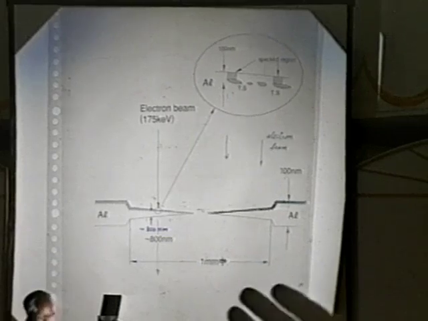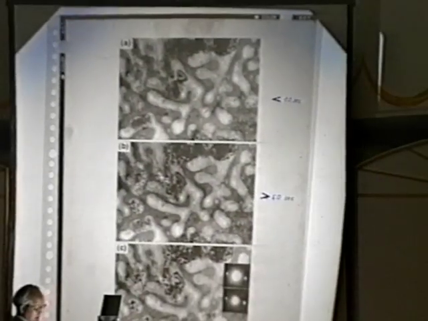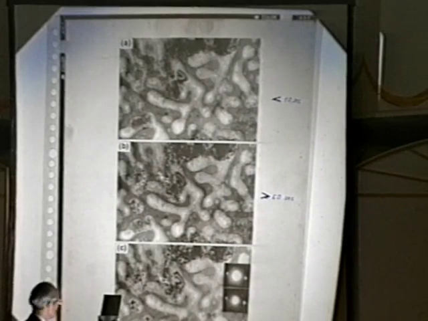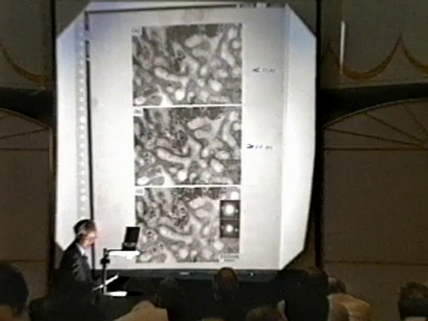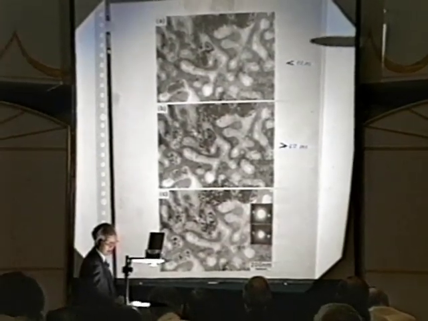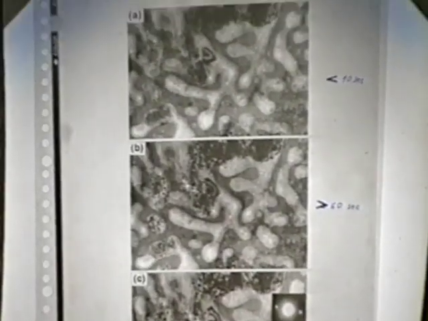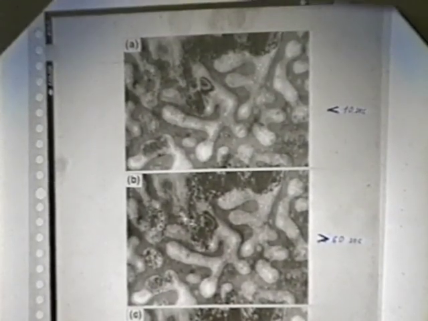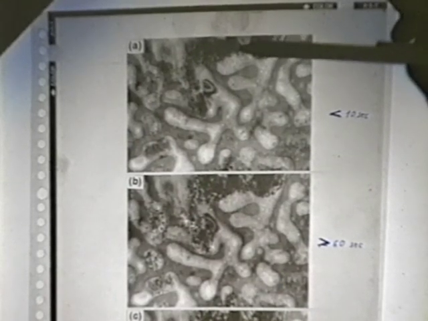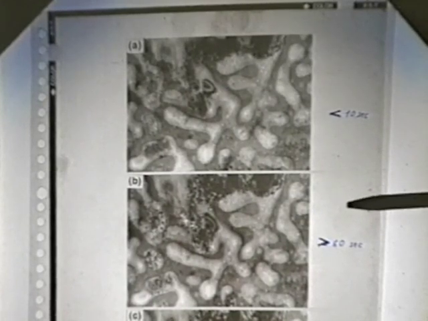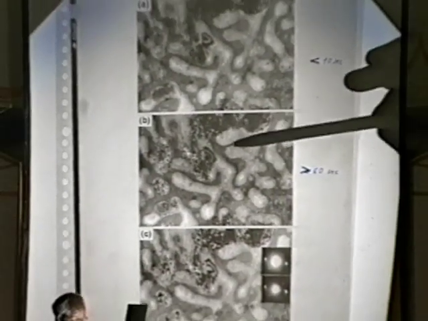Further, this top picture A was taken less than 10 seconds after the electron beam focusing, and the melted region or speckled region appears already here. And after about 60 seconds, it changes gradually.